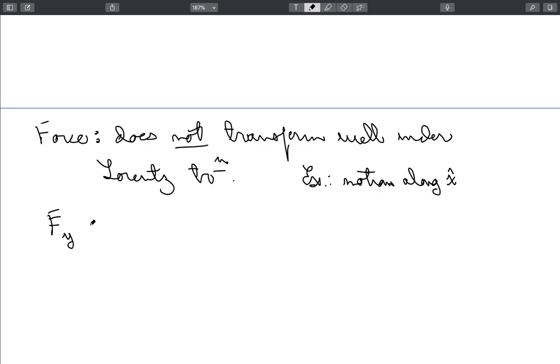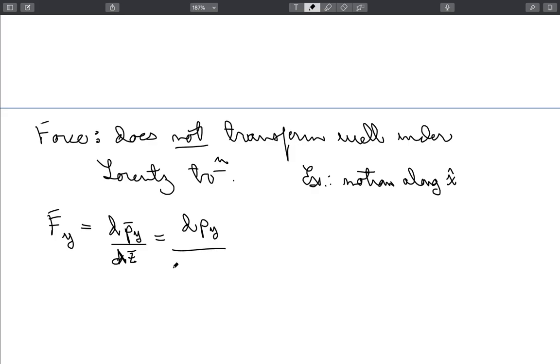So the transverse component of the force, what would this be? This would be dp̄y with respect to t̄, and then we can just use the transformations that we had.